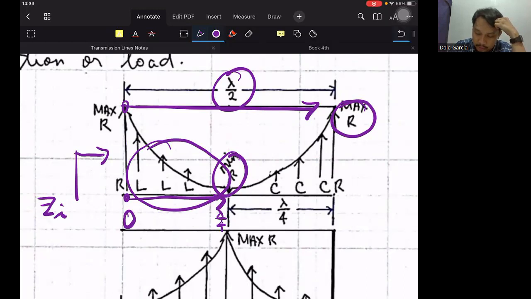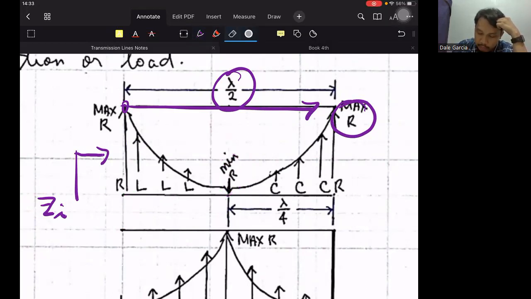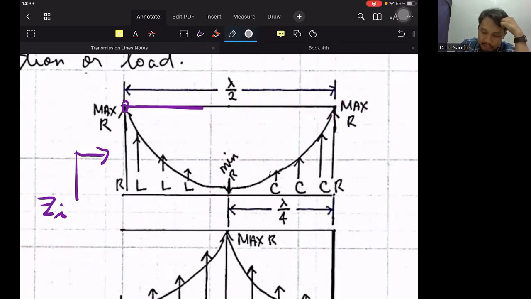Okay? And any value between 1/4 to 1/2 wavelength long is capacitive of increasing value, no?